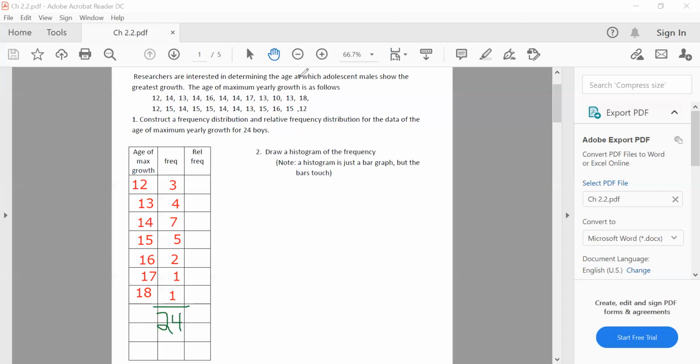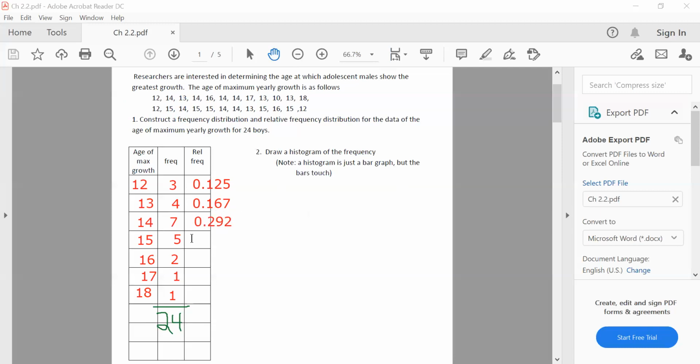So in the relative frequencies, we just need to go in. So this first one would be 3 over 24, which reduces to 1/8, which would be 0.125. The next one, 4 over 24, is 1/6, so we could write that. So it's not always the most exciting calculation in the world. The next one comes out to that.